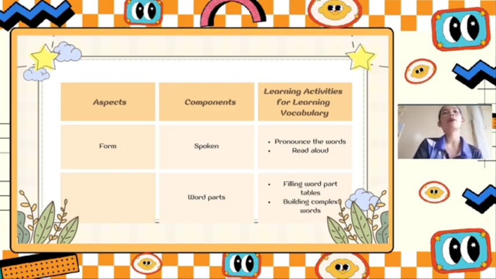In the word parts component, exercises such as filling word part tables and building complex words teach students about prefixes, suffixes, and root words, making it easier to understand and form new words.